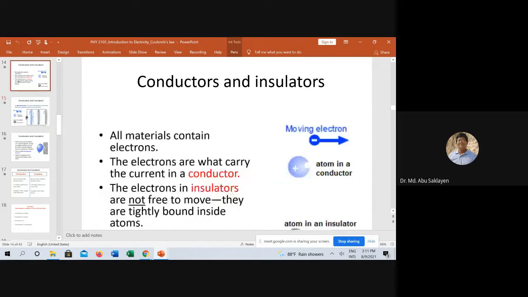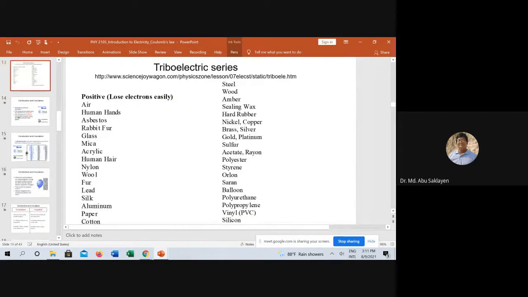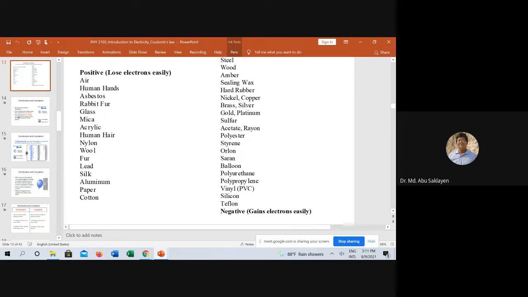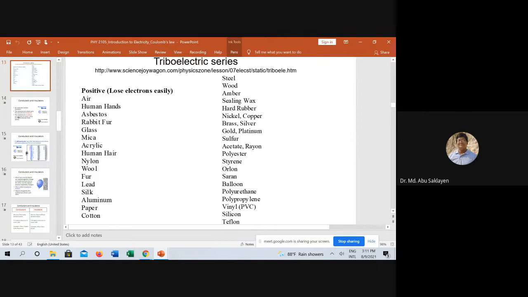So here you will get a chart. Those on the left side lose electrons easily, and those on the right side accept or gain electrons easily. So air easily loses electrons. Human hands lose electrons easily.